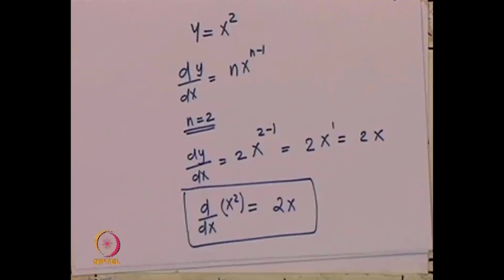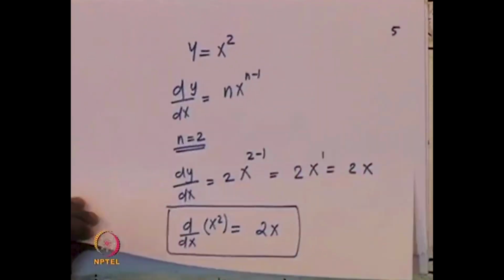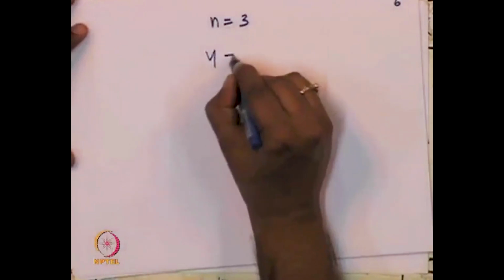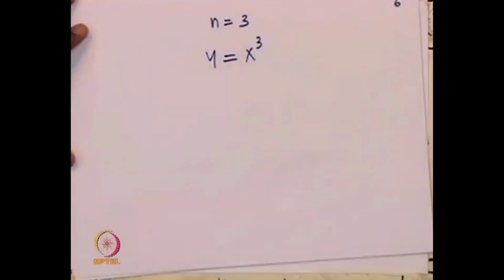Let us apply this rule when n is equal to 3. So now the next case, n is equal to 3. That means y is x power 3.